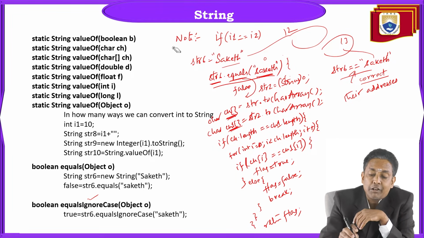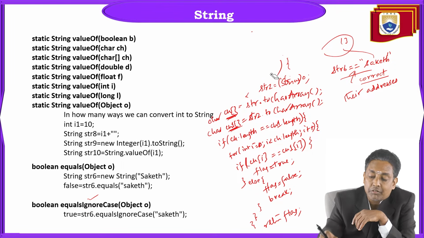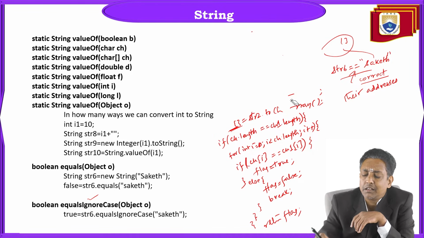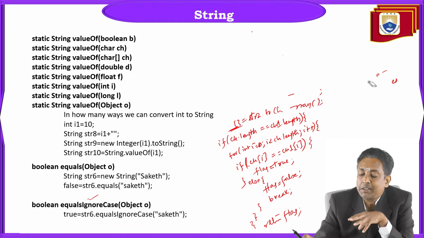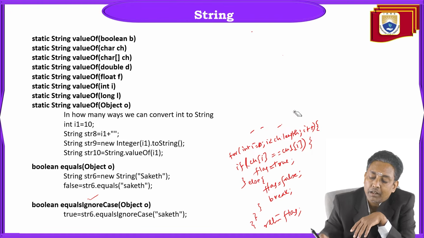I'll tell you one best example of how useful the equals method is, and how not that important the equals method is. You take simple login credentials, username and password. While entering into any business system or database or any application, we will first be asked to enter username and password.